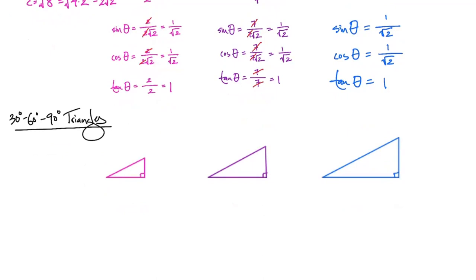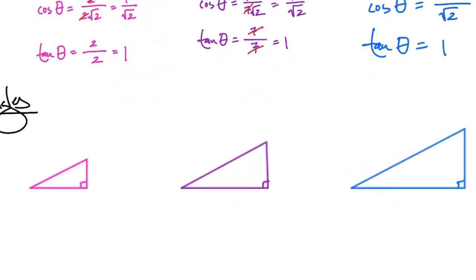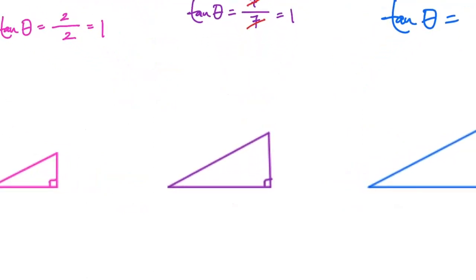So let's start with the middle triangle this time. We've got this purple triangle right here. If this is a 30, 60, 90 triangle, let's go with this as our theta.